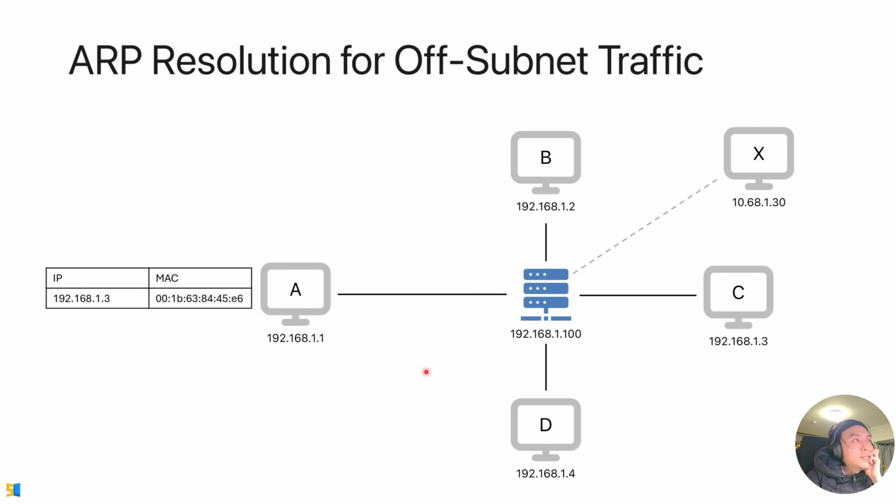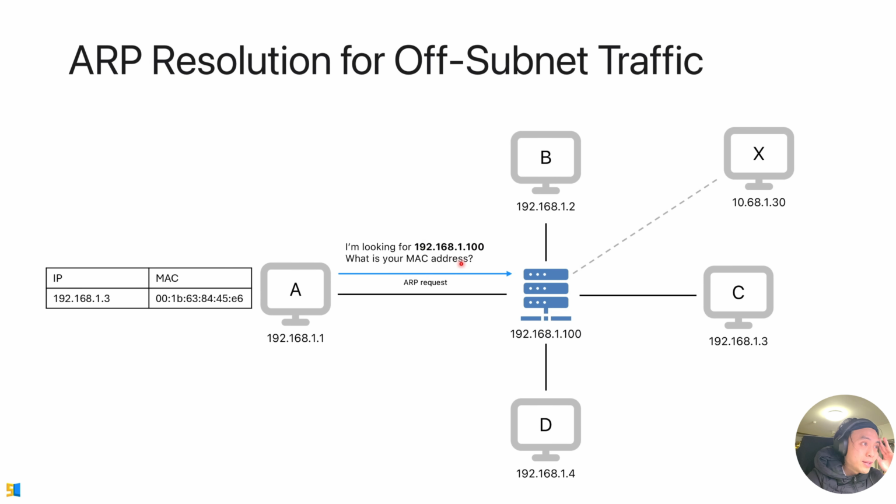So what happens if the destination is in a different network? A wants to send to X, which is in a different network, right? So if you see, the subnet is different. So I'm looking for 192.168.1.100. What is your MAC address?